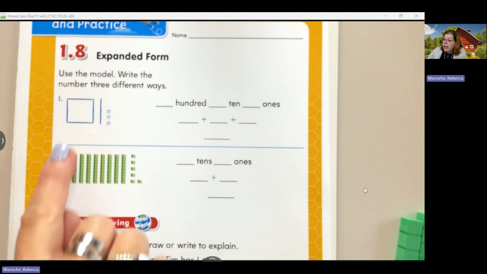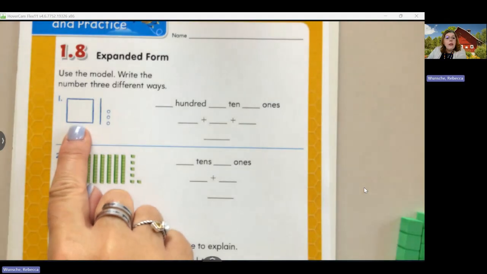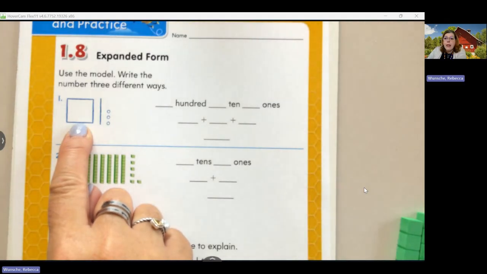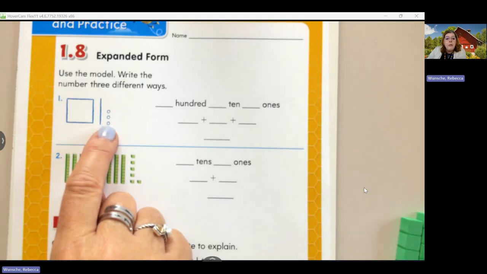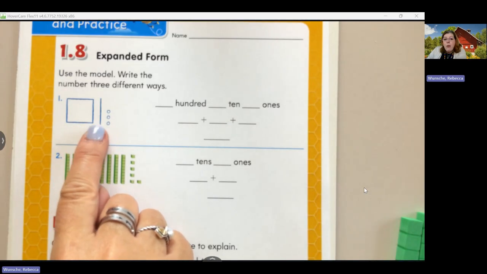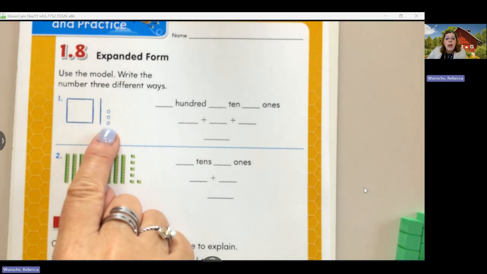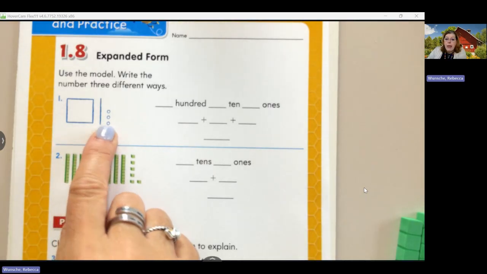So when we look at a model that looks like this, we know that the block represents 100. We know that a stick in our model represents 10, a 10 rod, and we know that the dots represent ones. So we're going to look at how many of each of these blocks are represented, okay?